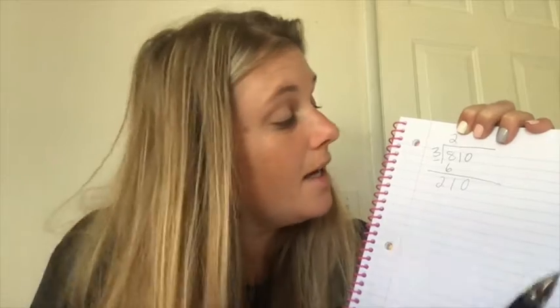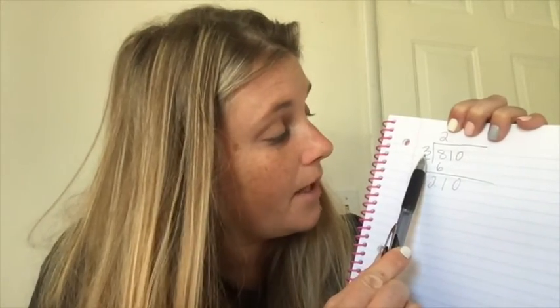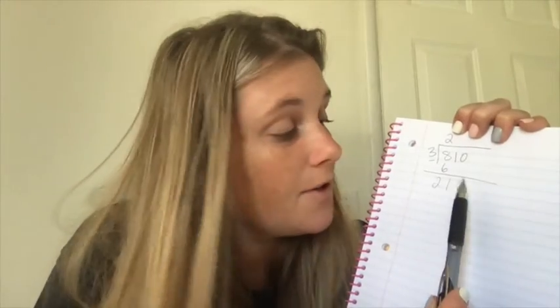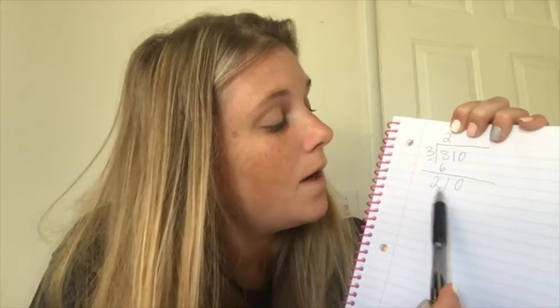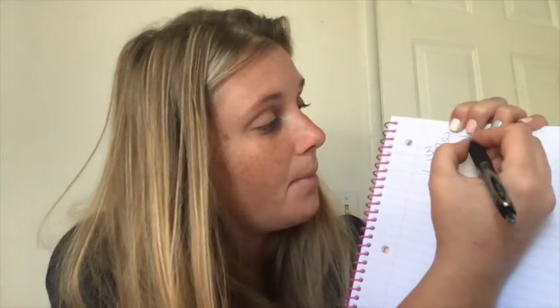First step, divide. 210 divided by 3, or how many times can 3 go into 210? Well, I don't know that, but I know how many times it can go into 21, and there's just a 0 on the end. So 3 goes into 21 7 times, and I need to take that 0 up.